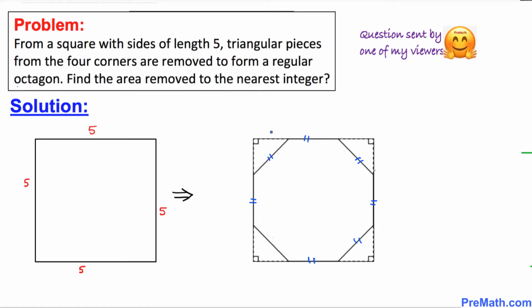The very first thing we're going to do is call the sides of these triangular corners X. I'm going to call this side X and this side X. This side is going to be X as well, X over here, X, X, and likewise X and X. We also know that each side of this square is 5. If you add this X and this X, that becomes 2x, and 2x.